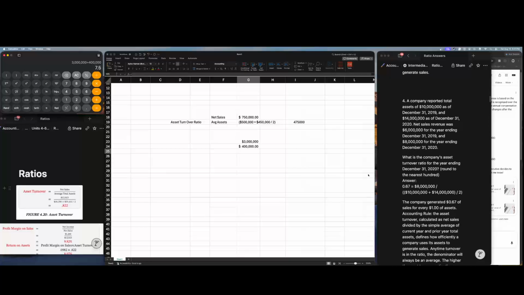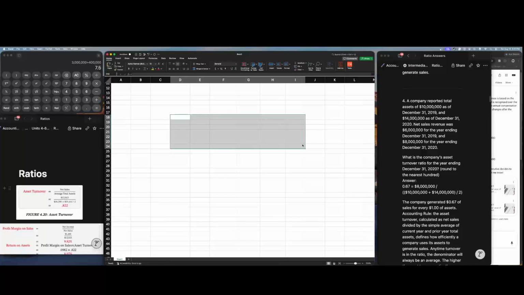So a company reported total assets of 10 million. What is the turnover ratio? It's sales, not the average sales revenue.